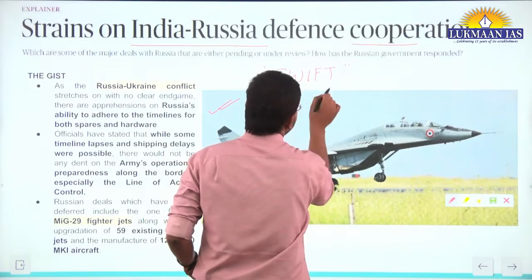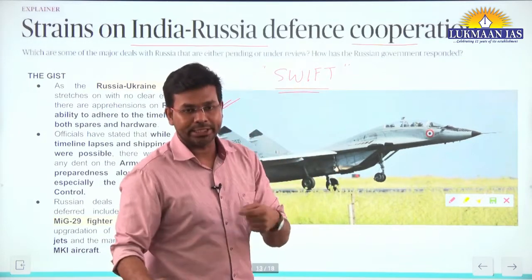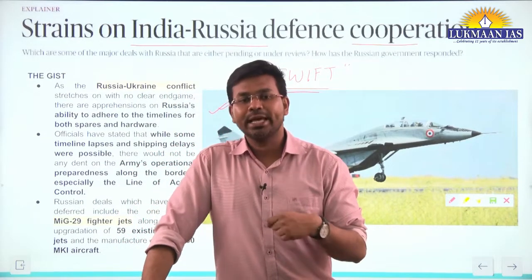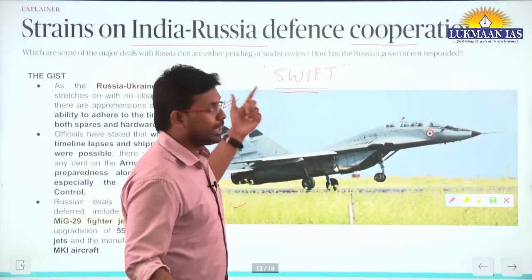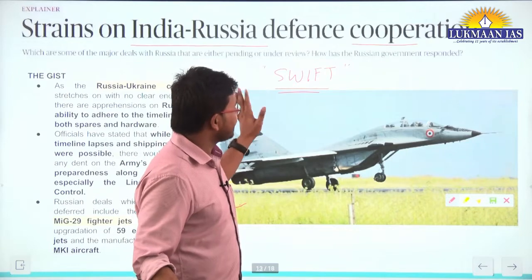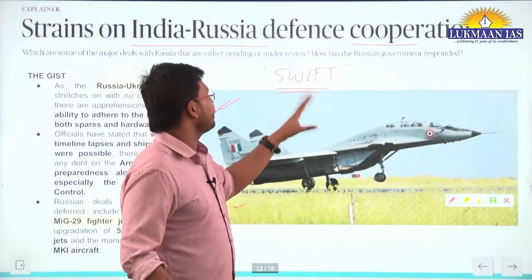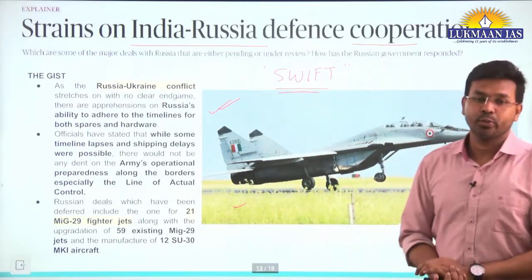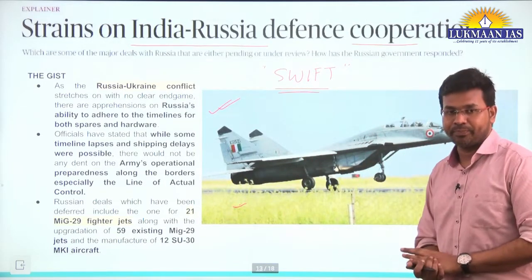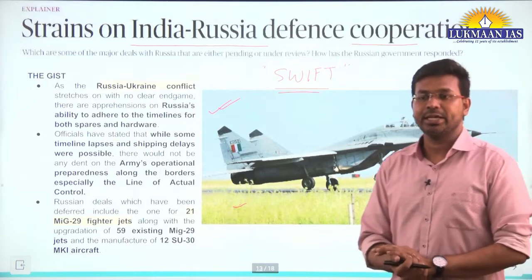SWIFT is a secure communication platform through which bank to bank communication happens for payment transfers. But since Russia was pulled out of the SWIFT network, India was facing difficulty in making payment to Russia for importing the defense equipment.